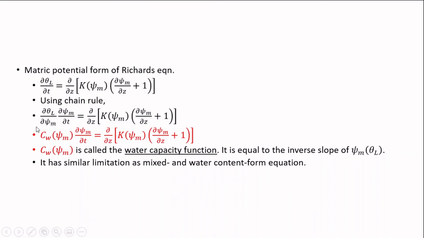And then, of course, we gather this derivative of θL over ψm, and we call it Cw. ψm is called the water capacity function. So it is equal to the inverse slope of ψm versus θL, and it has similar limitations as the mixed and water content form Richards equation.